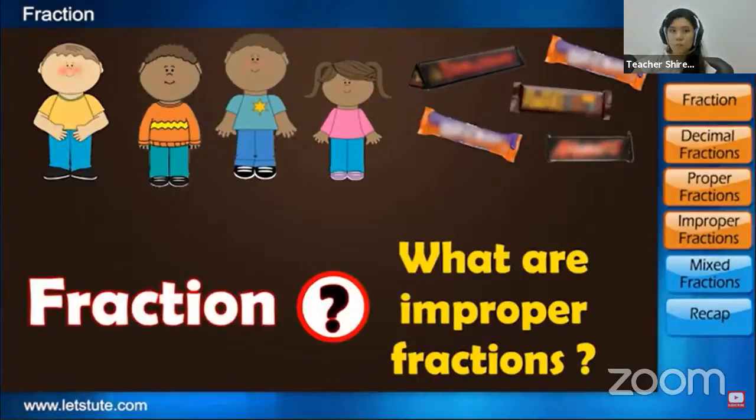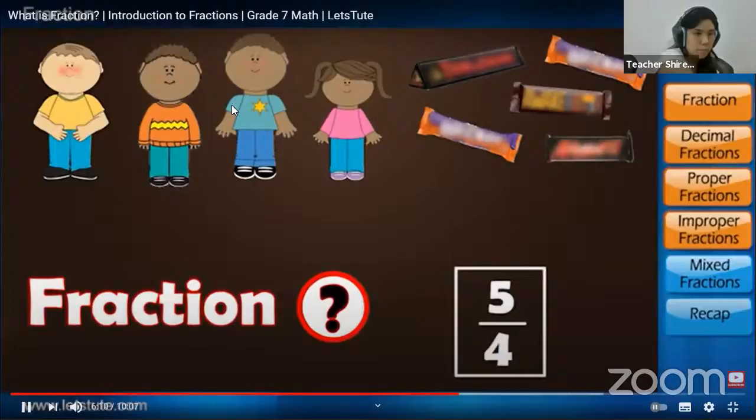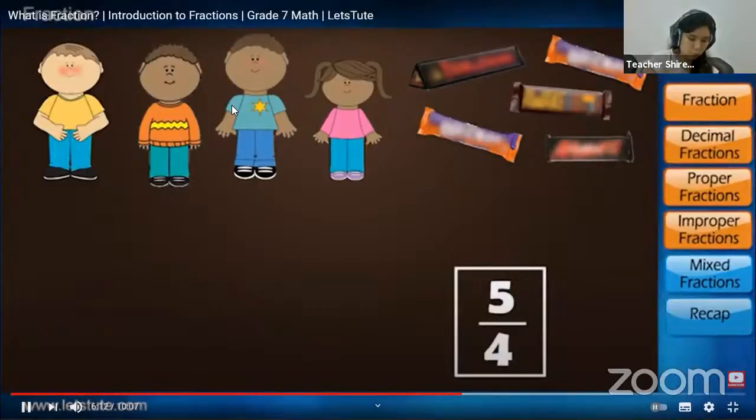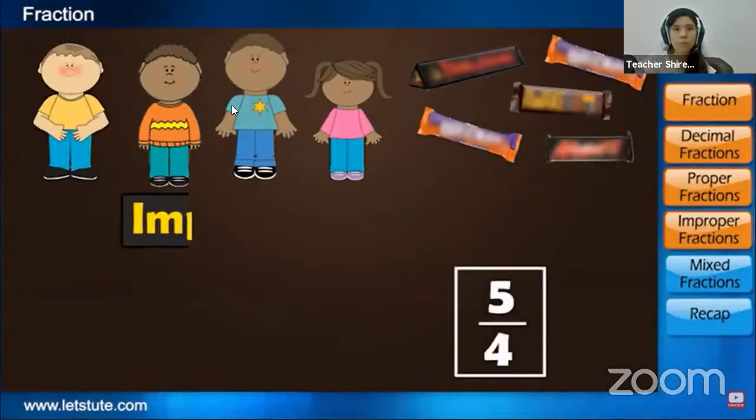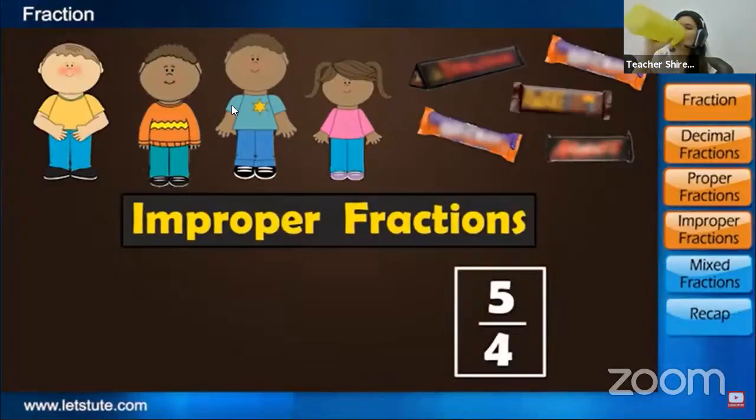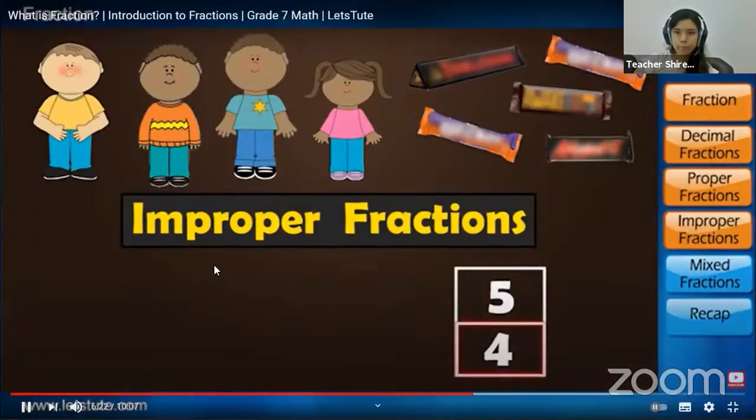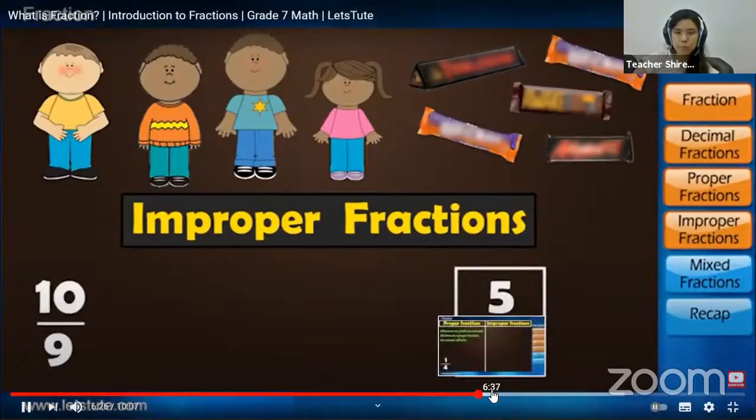The fraction formed is 5 divided by 4, and this is an improper fraction. Improper fractions are the fractions where the numerator is bigger than the denominator, like 10 by 9 or 6 by 5.